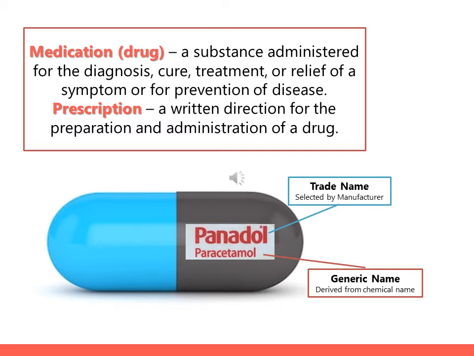I want you to look at the photo in front of you. This is a common medication called Panadol. Panadol is an example of paracetamol and is usually given as a pain reliever. The trade name is Panadol and the generic name is paracetamol. So when you go to the hospital and you encounter a lot of medications, you expect at least two names: trade name and generic name.